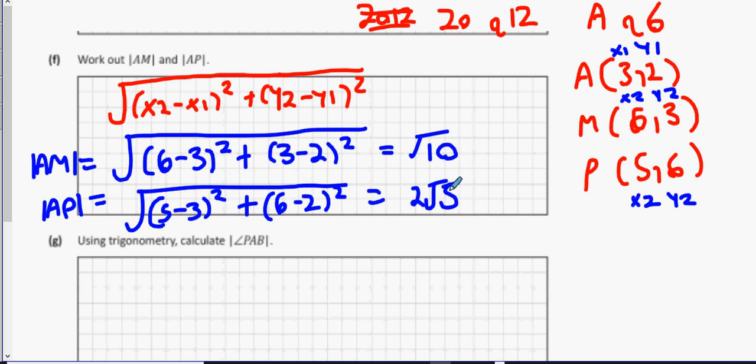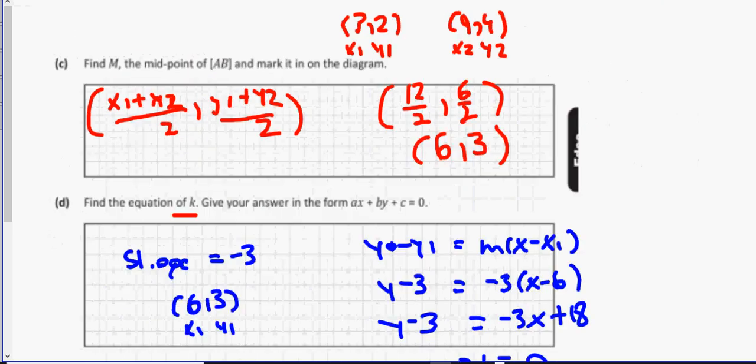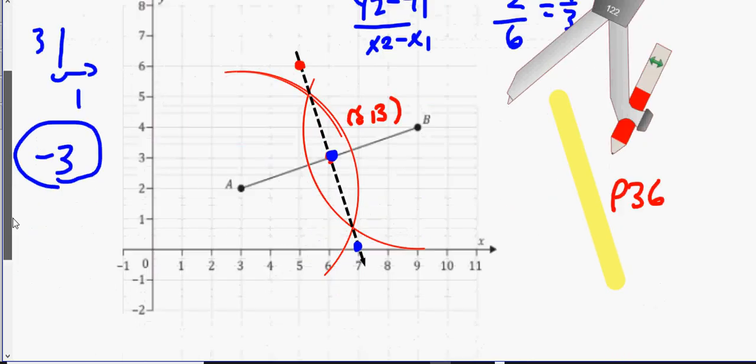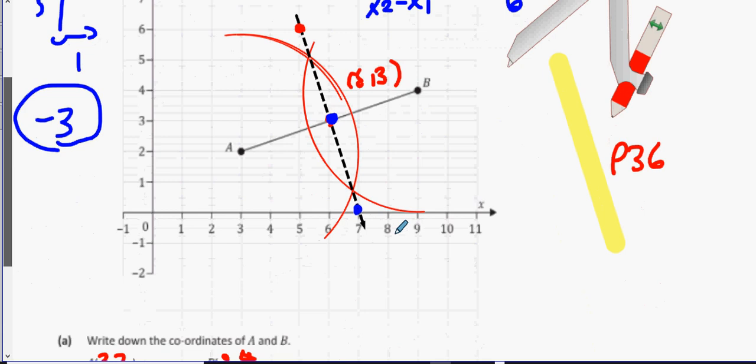Using trigonometry, calculate PAB. Lads, need you to look at this. This is quite difficult, okay? Calculate PAB. So, you go back to your diagram. That's M. Would I ever agree that's P? P's up there. Everybody agree P's up there?